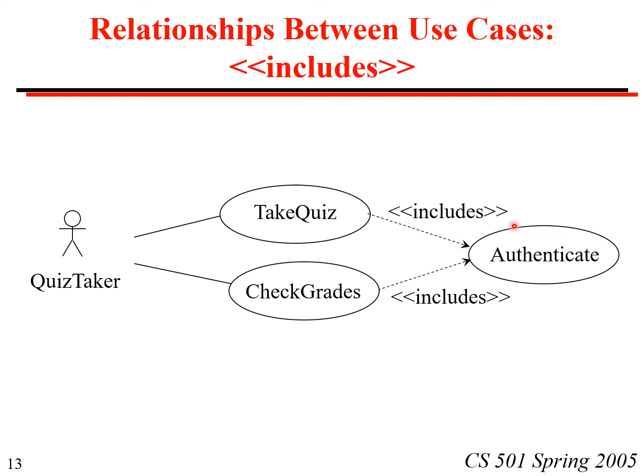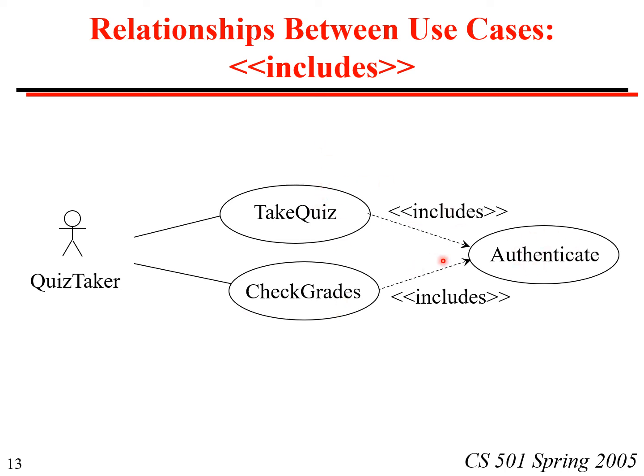In this slide, just understand what is include. This take quiz, one ellipse or use case, and another one, check grades. They need the mandatory part, that is authentication of that quiz taker. So authentication is a compulsory part of these two, take quiz and check grades.